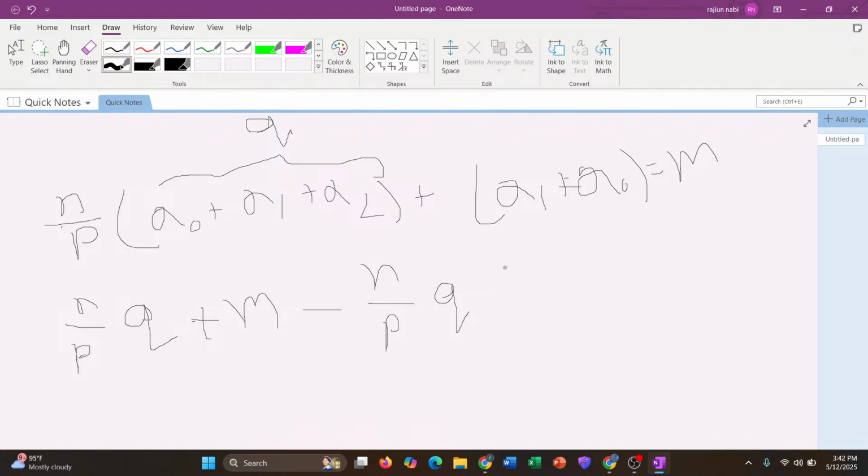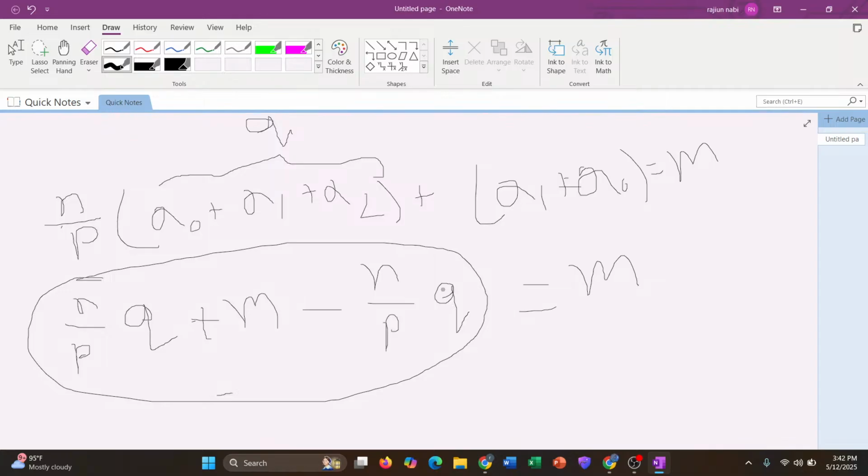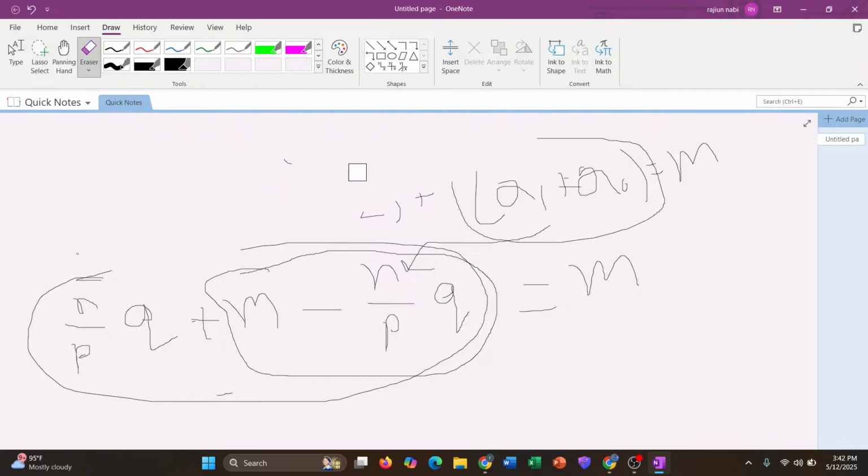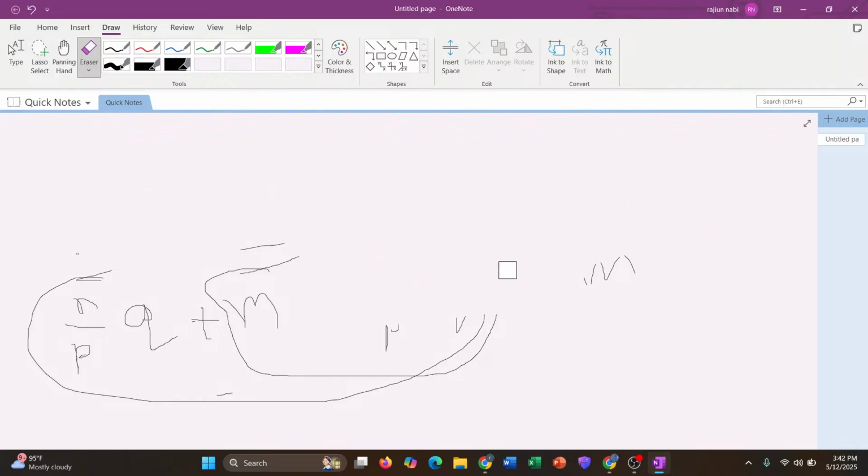So it satisfies the left side. So I proved to you guys that the right side is equal to the left side. The value of this thing will be equal to this. So the second type is clear.